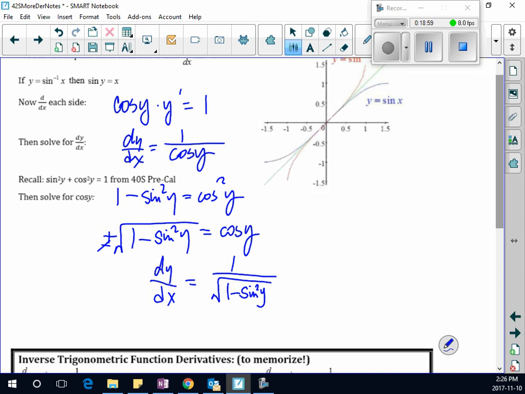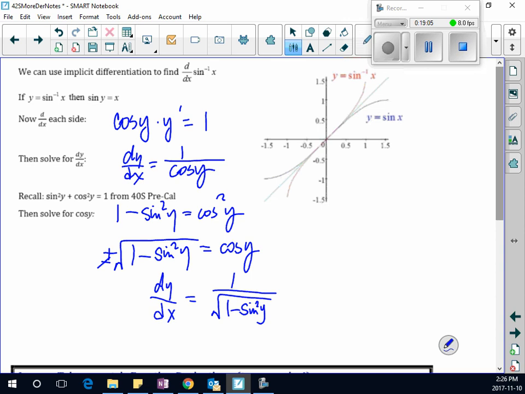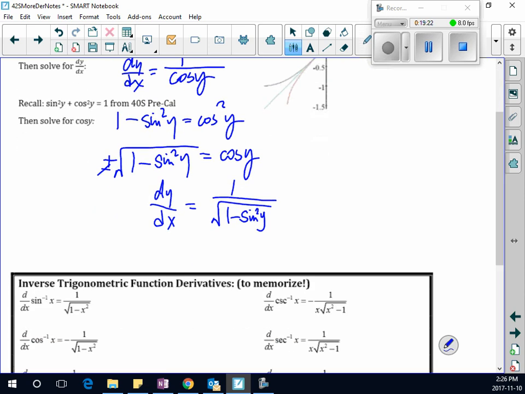And back up here, this is what I'm trying to prove. If I have sine y equal to x, what would sine squared y equal? x squared. So this is equal to 1 over the square root of 1 minus x squared.